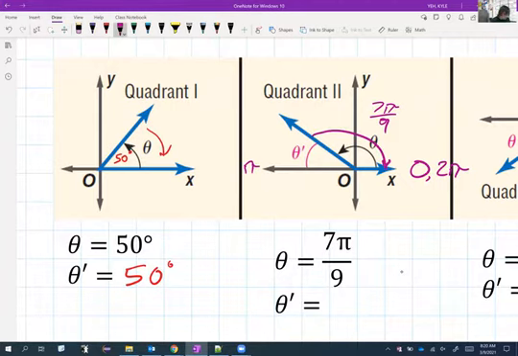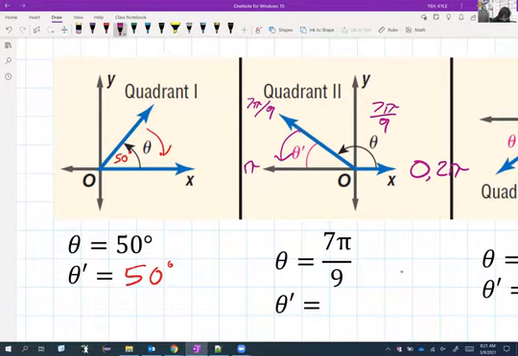So we find our shortest distance. We say, okay, 7 pi over 9 is where we are. I'm going to write that over here by my terminal side. How far do we have to go to get to the x-axis? Well, that question could be rephrased as, how far do we have to go to get to pi? Because remember, pi is sitting right here on the x-axis. So how far do we have to go from 7 pi over 9 to get to pi?